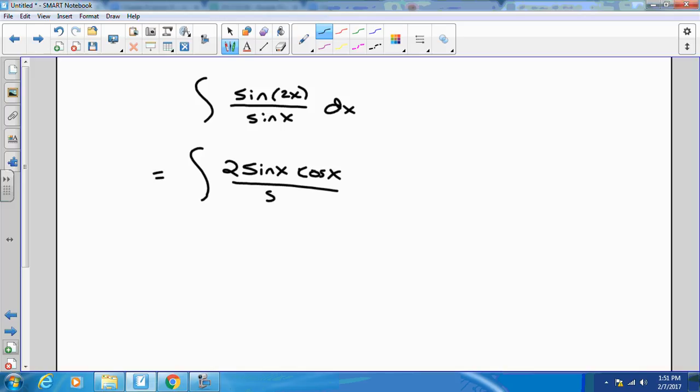Yes, it is. 2 sine x times cosine x. And now Jennifer, carry it home for us. So it's 2 cosine, which is 2 sine. And there you go. Good.